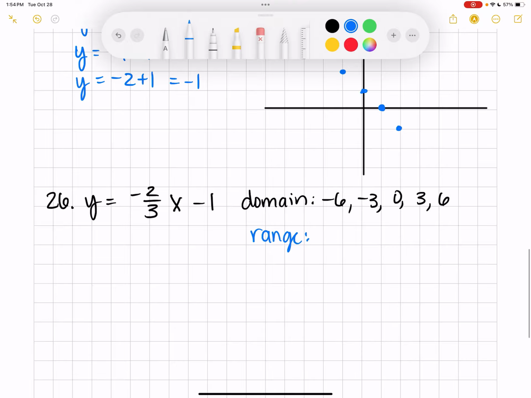So I'm going to start out by plugging in -6. So I've got y equals -2/3 times -6 minus 1. 3 goes into 6 2 times. Negative and negative becomes positive. So I've got -2 times -2 is +4 minus 1. So it's equal to 3.